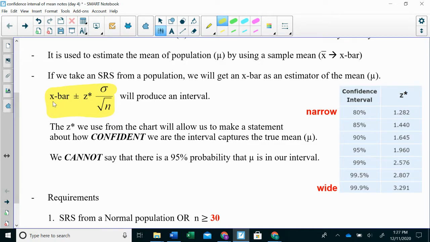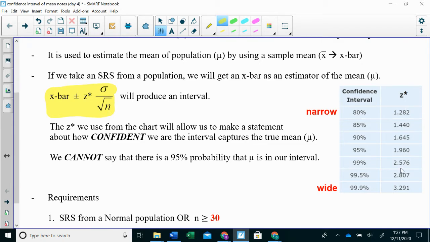Again, that X bar, that's the mean of the sample, plus or minus the Z interval times the standard deviation divided by the square root of n, which is the sample size.